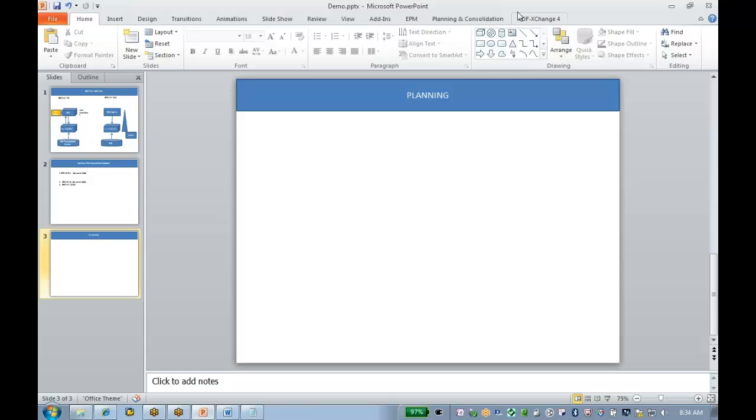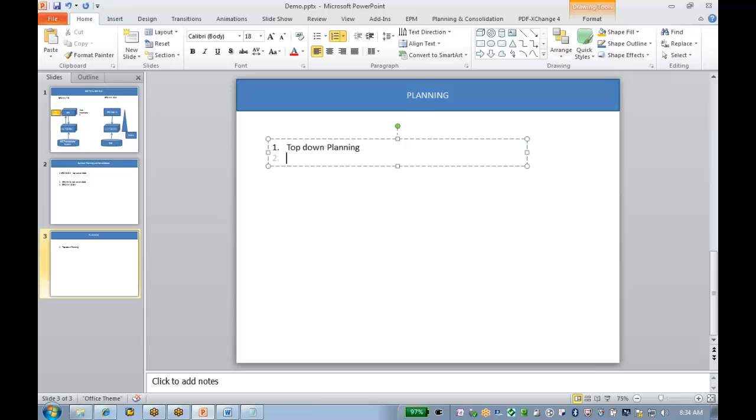Using this planning tool, I can do top-down planning, or rather we can say top-down budgeting. There is a difference, right? Top-down planning or budgeting. So top-down budgeting, I can do bottom-up planning.